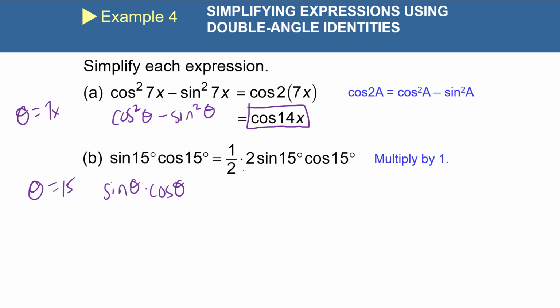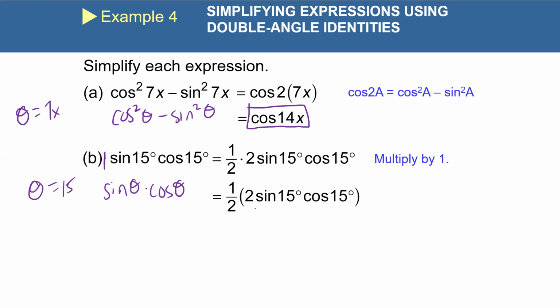And so notice here, it's normally 2 sine theta times cosine theta is your double angle for sine, right? However, I don't need the 2. I need it to equal 1. So how can I make it equal to 1? I do that by multiplying by a half. And when I multiply by a half, it's now going to be equal to 1. So now I can follow this rule.